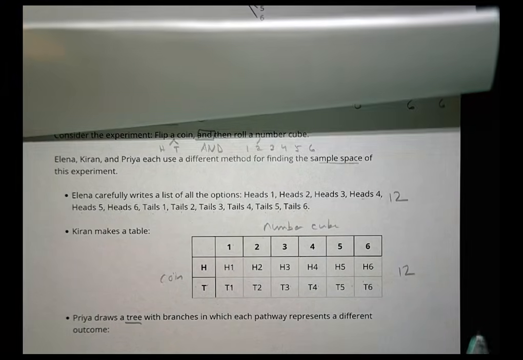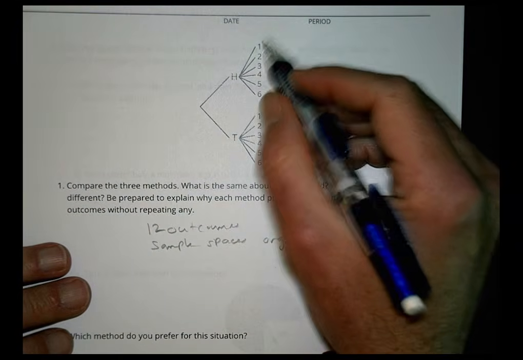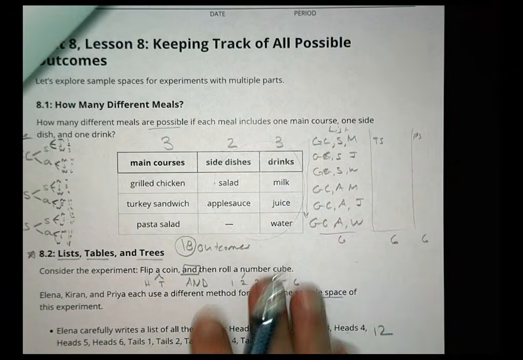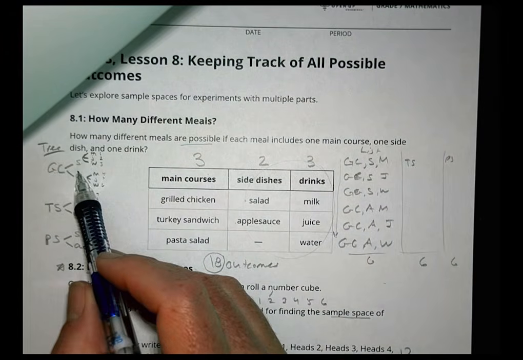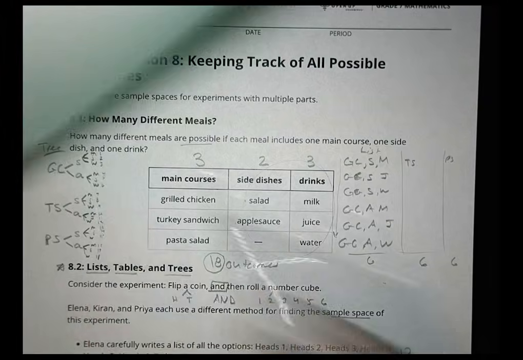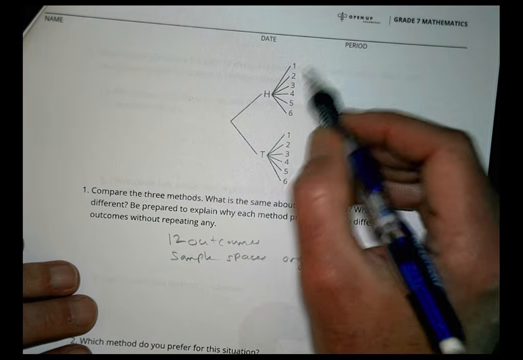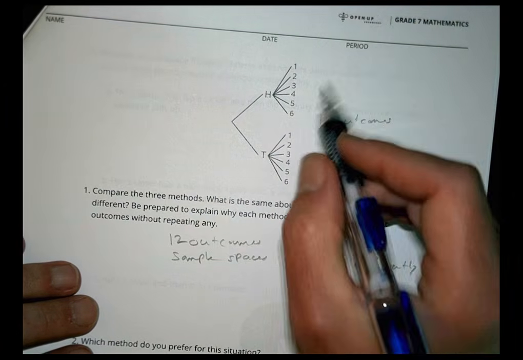It'd be hard to put a third thing in there. This tree, I definitely can do another branch like we saw in the first thing, right? With the main courses, I was able to go 1 item, 2 item, and do a third option there. The tree, I can make a third branch and keep going, so it's not limited by having more options to choose from. So that's a nice part about the tree.